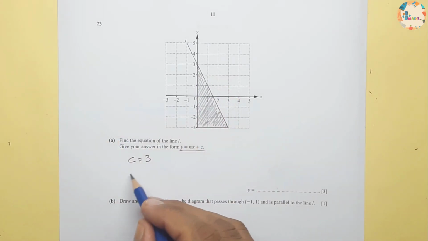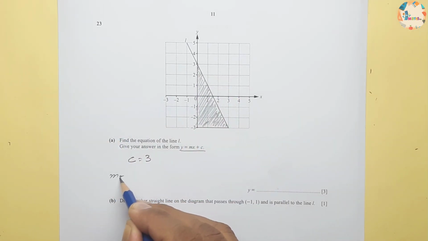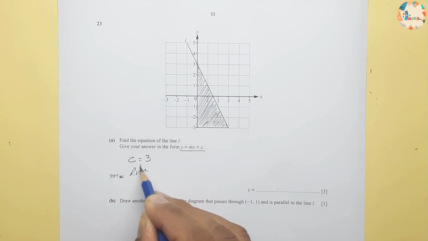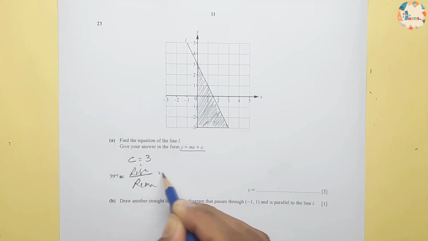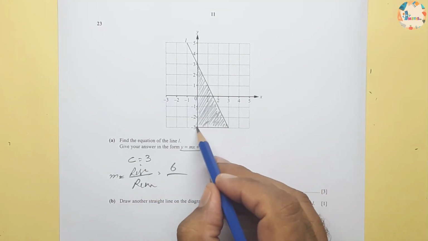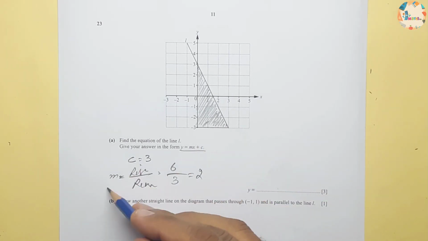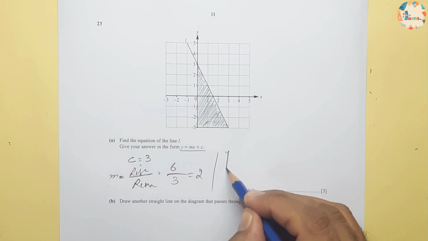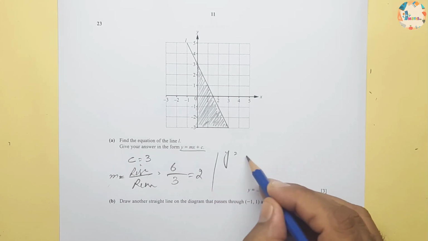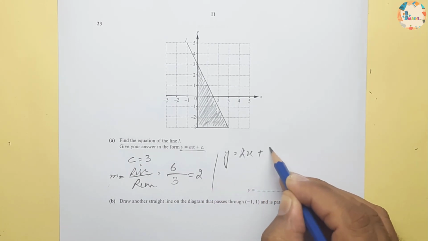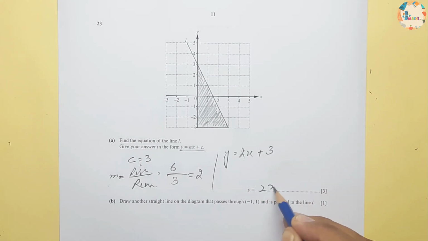So m will be equal to rise over run, which is equal to 6 divided by 1, 2, 3 units. So this will be equal to 2. We can use these two values and write y is equal to m, which is 2, x plus c, which is 3. So we can write 2x plus 3.